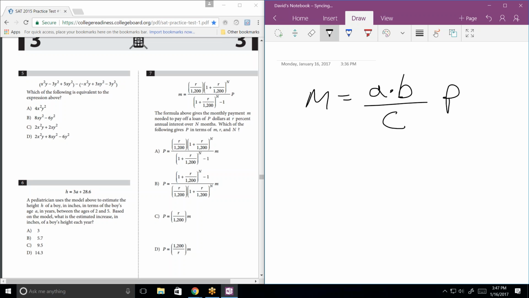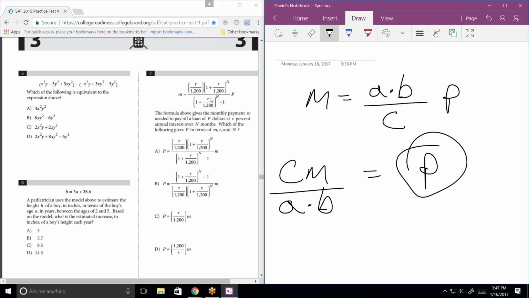And when I solve for P, I multiply both sides by C, and I divide both sides by A times B. So the fact that my A, B, and C are these ridiculously complicated things doesn't matter. I'm still going to solve it in the way I would solve an algebraic equation.